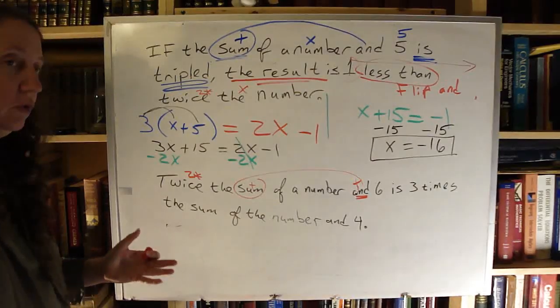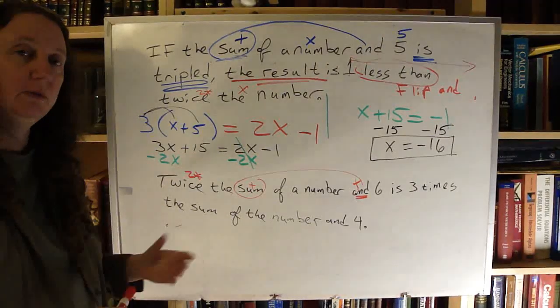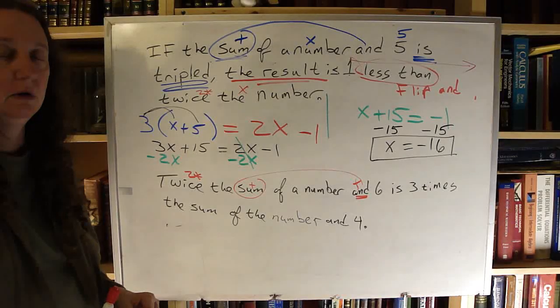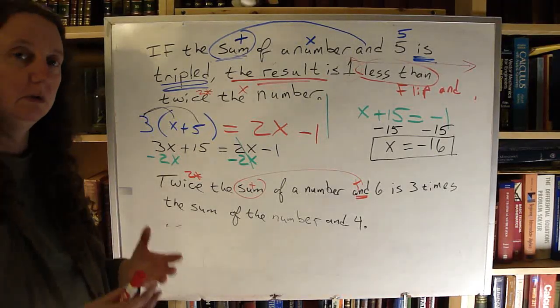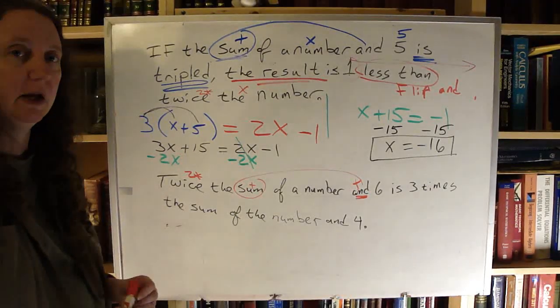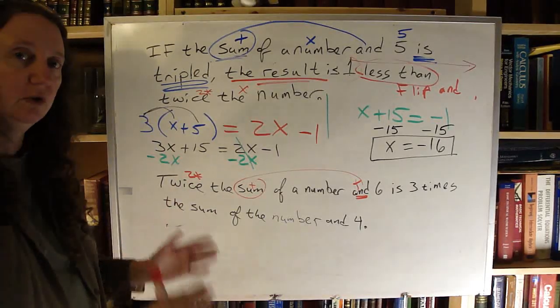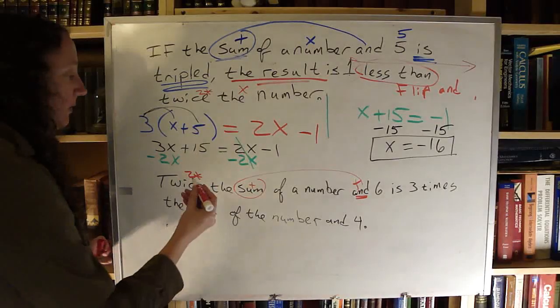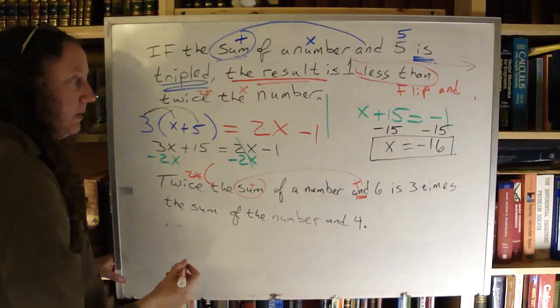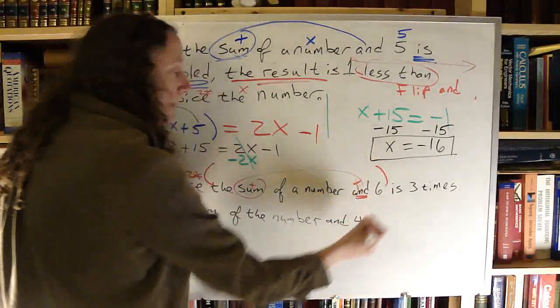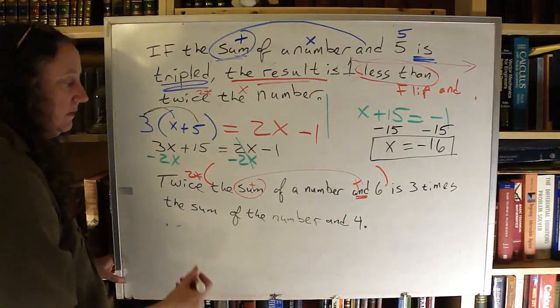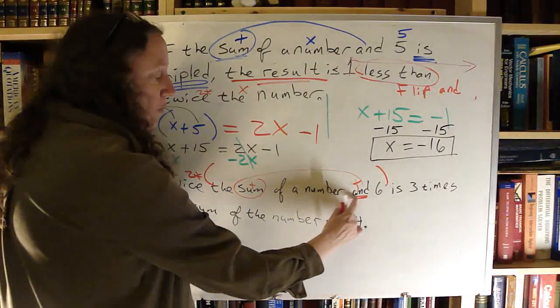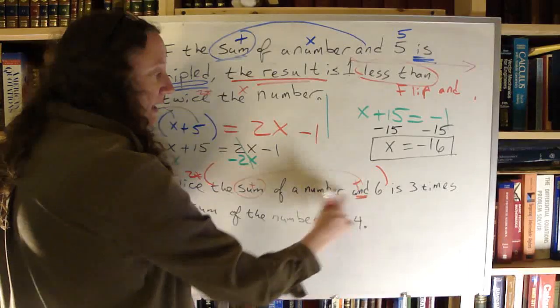But normally, multiplying comes before addition. So I need to force the addition to come before the multiplying. The way I do that is to use parentheses. So I want to have twice, 2 times, and then I want my parentheses. So after the word and is my 6, that's what's going to be added in there.